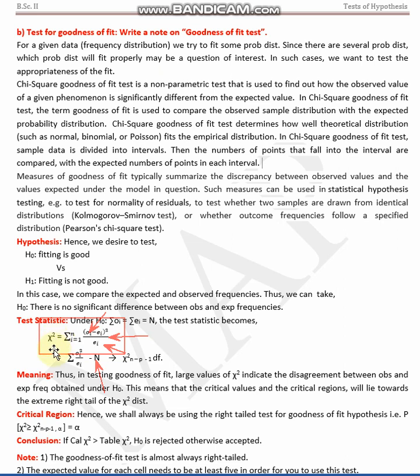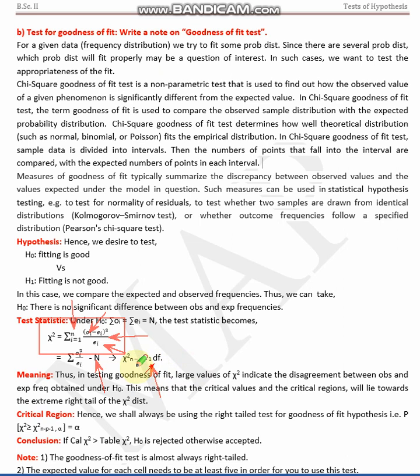How do we find the calculated chi-square value? We are given the observed frequencies. First we need to calculate the expected frequencies, then take the difference between observed and expected frequencies, square it, and divide by Ei. Finally we take the total of this summation, i taking values from 1 to n, (Oi minus Ei) square divided by Ei, and this value follows a chi-square distribution with n minus p minus 1 degrees of freedom.